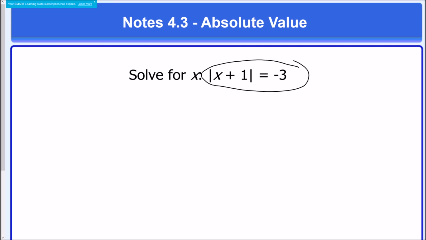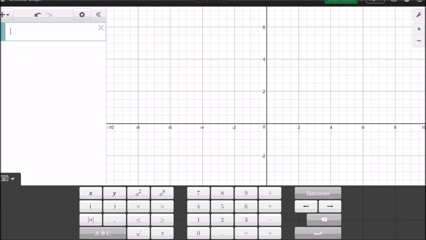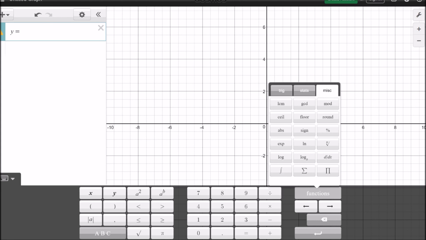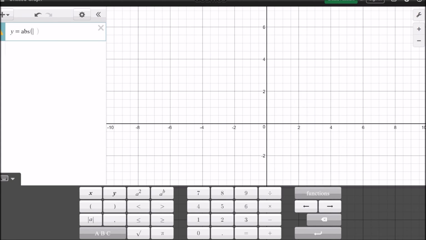So essentially, this is saying that if you take the absolute value of some number, you'll always get negative 3, which is impossible because the absolute value of any number will never give you a negative 3. And graphically, you would just type in y equals the absolute value of x plus 1.